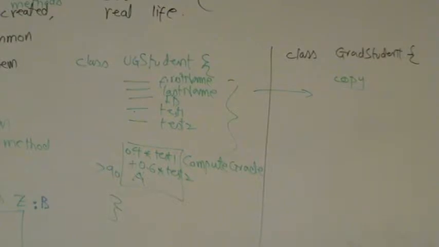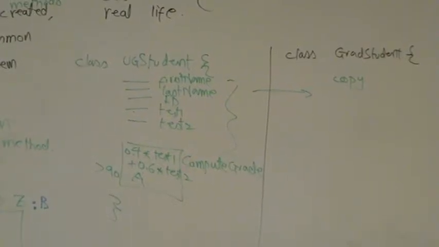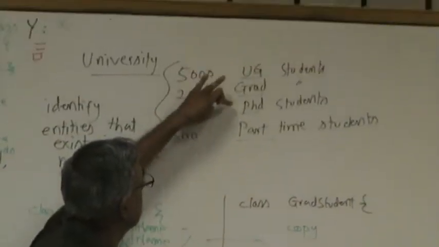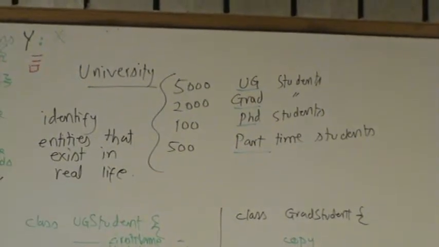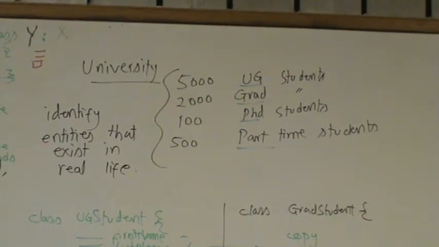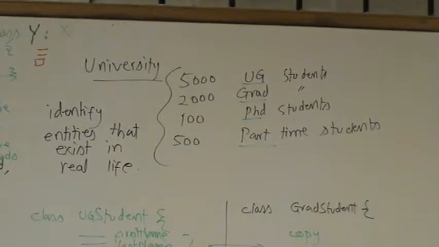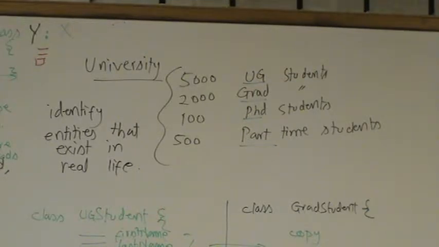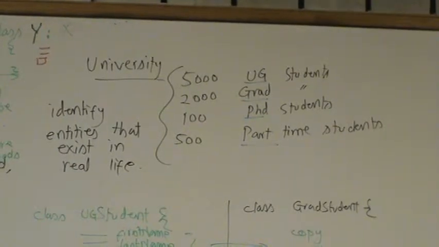As I mentioned, you start out by first identifying what are the real things that exist, okay? PhD students, undergrad students, grad students, part-time students, for example, they exist, right? So you'll create one class for each category, okay? So you start writing the code for the class.